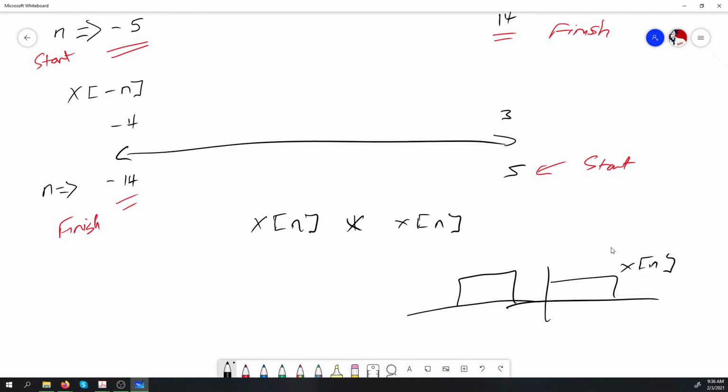And this here would be our x of -n signal, which is also like x of h minus n, or you could say n minus k in this particular case, however you want to represent it. This means that this point here will be intersecting with this point here. So that means this here maps to our start, and this here also maps to the start of x of n.